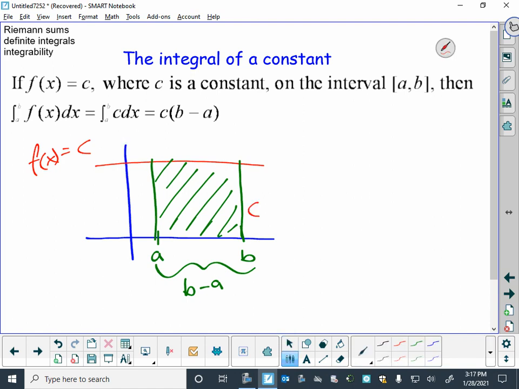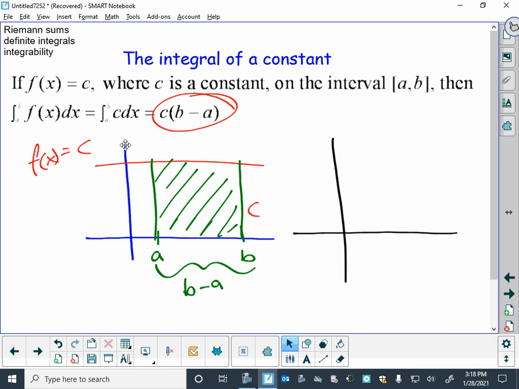So I can appeal to the geometry of what's happening here and don't have to go to my calculator and approximation. I can say, well, obviously because of the geometry of this situation, that has to be c times b minus a.